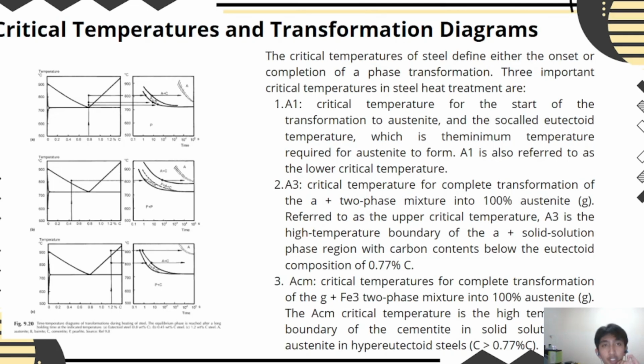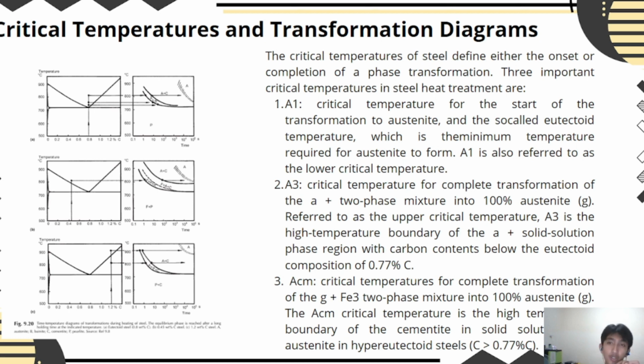Next is critical temperatures and transformation diagrams. The critical temperatures of steel define either the onset or completion of a phase transformation. The important critical temperatures in steel treatment are, first, A1, the critical temperature for the start of the transformation to austenite, the lowest temperature required for austenite to form.